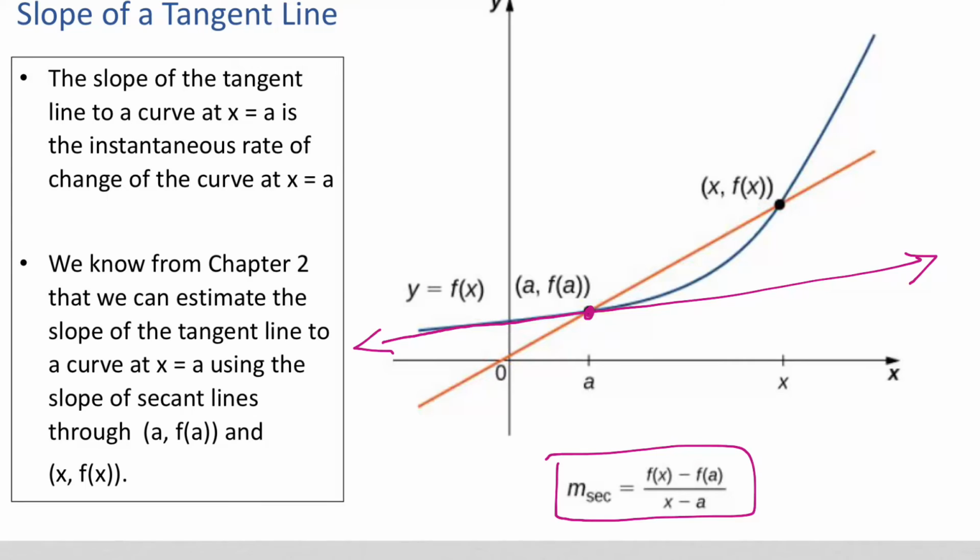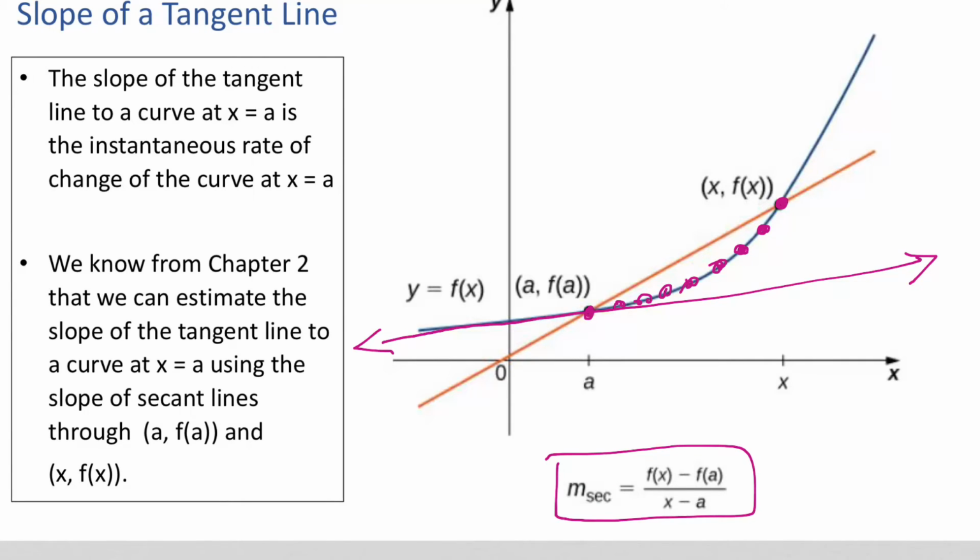The secant line intersects f of x at 2 points, and we moved this point, x, f of x, closer and closer to a, f of a, and the shorter the secant line segment, the closer we were to approximating the actual slope of the tangent line at x is equal to a.